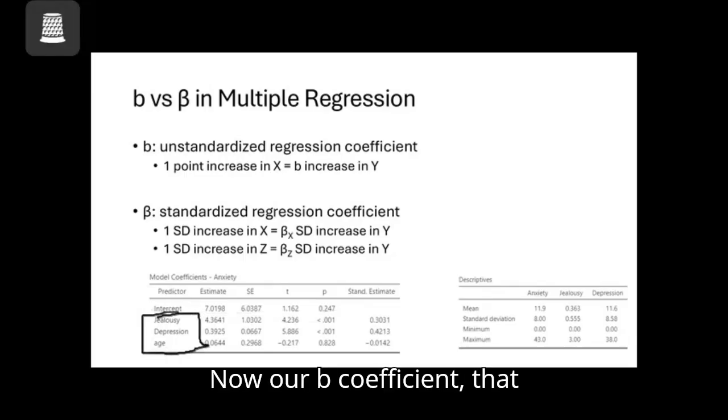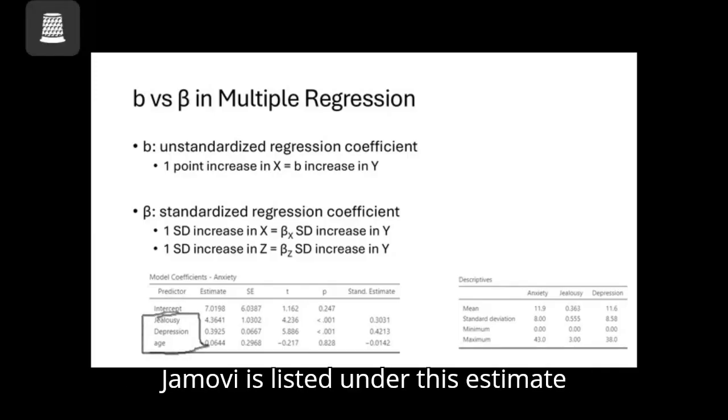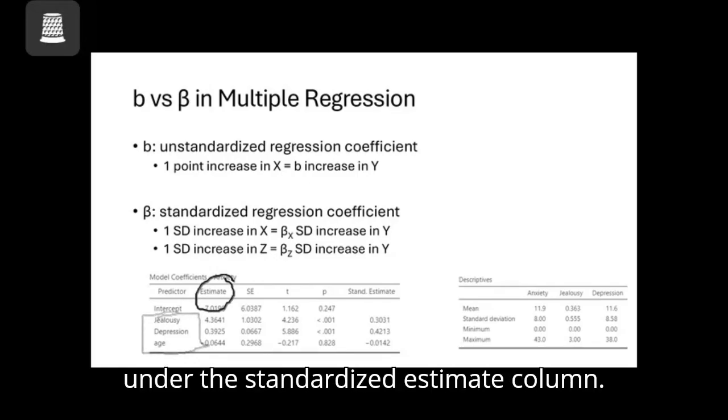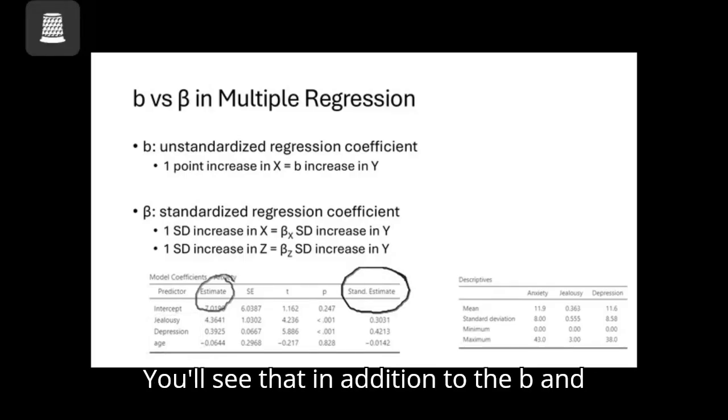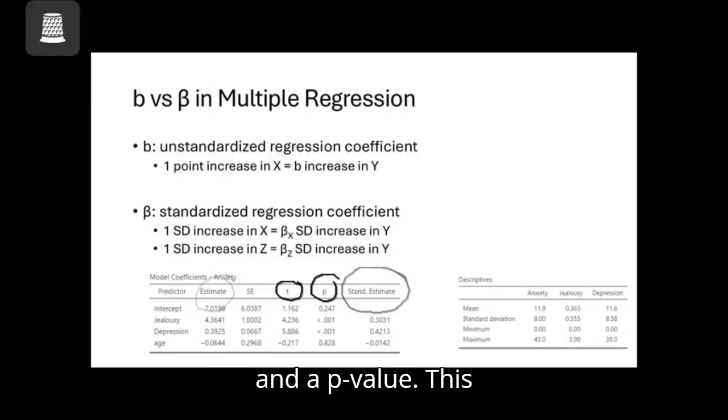Now, our B coefficient, that unstandardized regression coefficient in Jamovi, is listed under this estimate column. And the beta is listed under the standardized estimate column. You'll see that in addition to the B and the beta, we also get a t-score and a p-value.